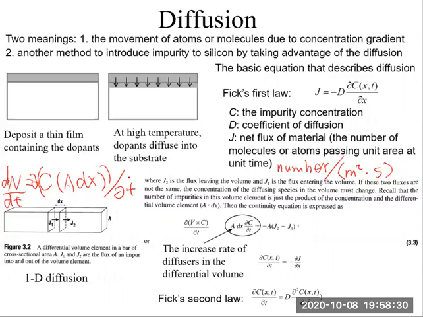Everything can be partial, so let me change d to the partial sign: the partial derivative of n with respect to t.